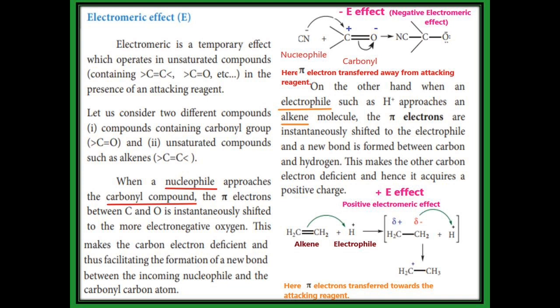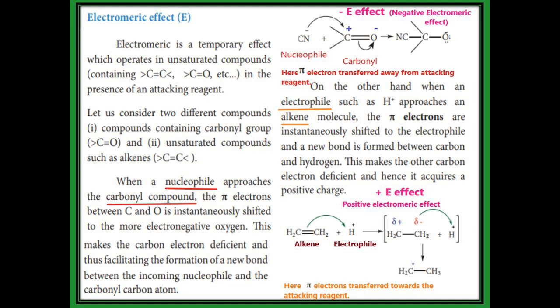Now in a carbonyl compound, C double bond O, when the nucleophile, for example CN minus, which has a negative character, is attracted by a positive character. Which one is positive? The carbon is positive in the carbonyl. Why is it positive? Oxygen is a more electronegative element, so it attracts the pi electron.